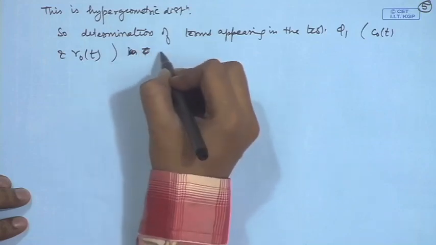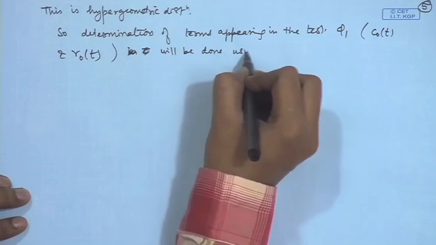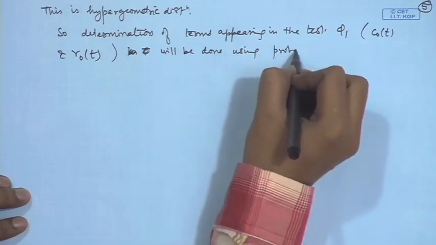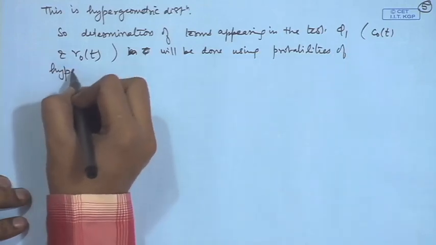So, this is done using probabilities of hypergeometric distribution.